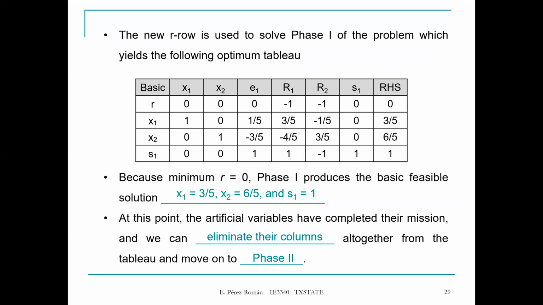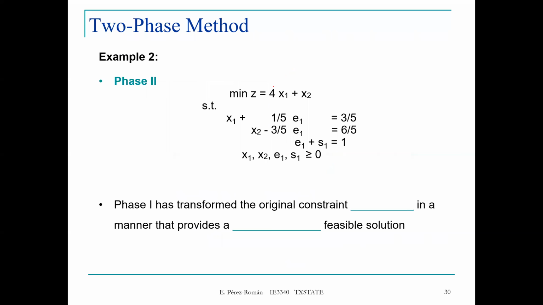Okay, so we can take these 2 columns out of the problem now, because they are no longer needed. We found our initial solution. And now we substitute the original objective function back into the problem in phase 2.